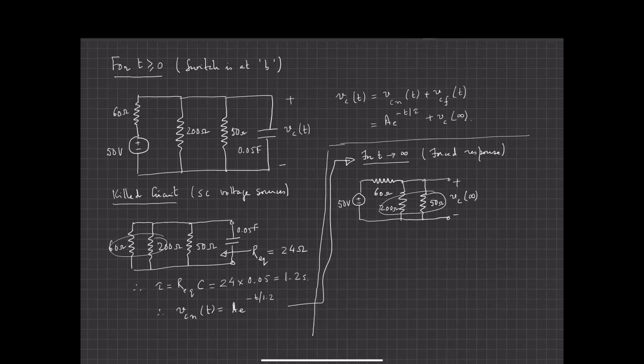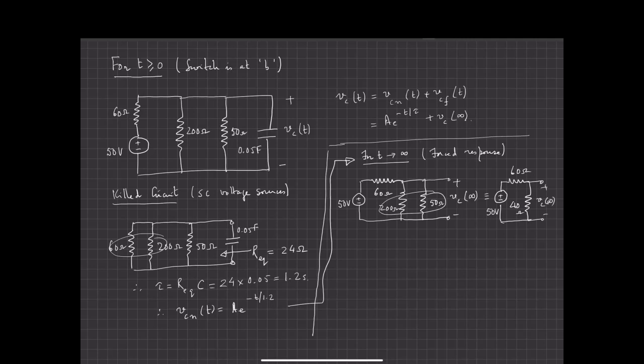So this circuit then becomes equivalent to 50 volts, 60 ohms, and as I just said, 40 ohms, and this is plus minus Vc at infinity.